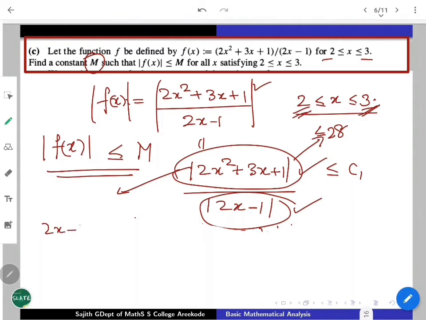Because 2x minus 1 is a difference, and we have seen that mod a minus b is greater than or equal to mod a minus mod b. So mod 2x minus mod 1. Basically, now I can look at something here. So if I want, I can write like this. This mod x, if I am looking at, x is between 2 and 3. So a difference I am making here.